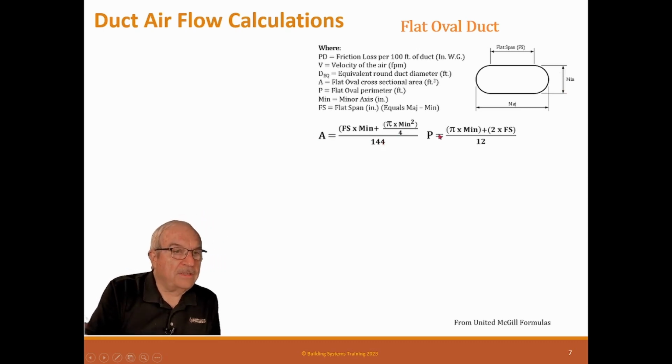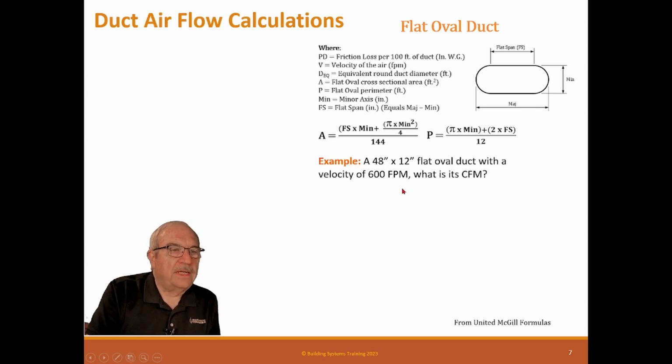That's the area. This is the perimeter, which is pi times minimum plus 2 times FS, over 12. And if you think about it, this pi means we're calculating that square footage. It's a simple concept. The formula is a little bit more involved, but that's what we're talking about here.